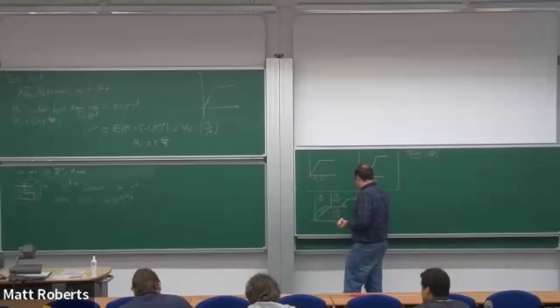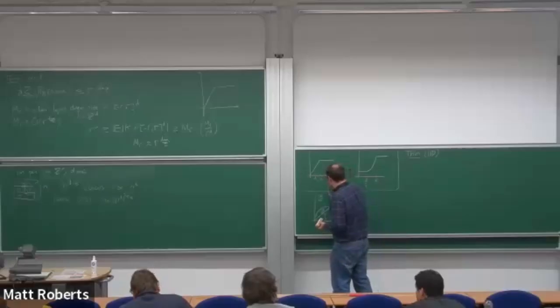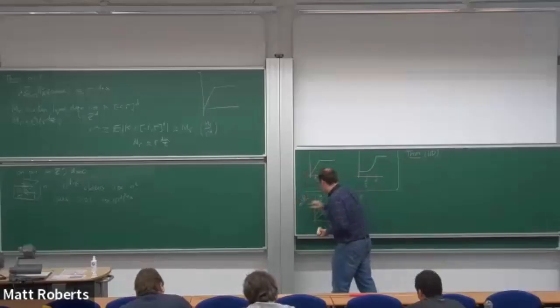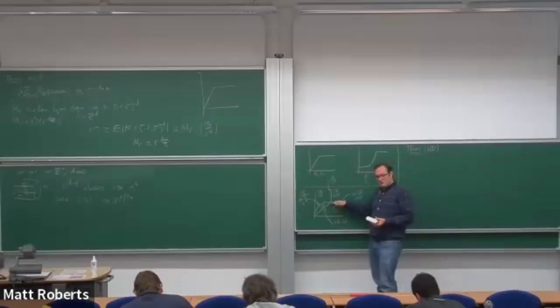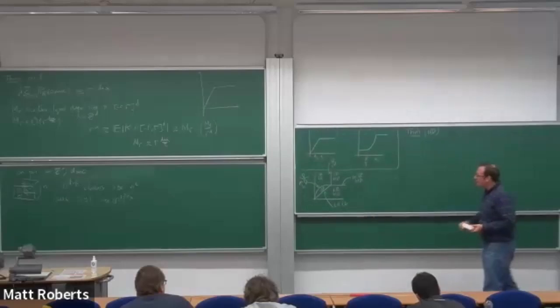This is marginally short range, high dimensional, long range, critical dimensional, short-range critical dimensional and marginally short-range low dimensional. And of course, there's this point where they all meet, but that turns out to just belong to this marginally short-range high-dimensional regime.